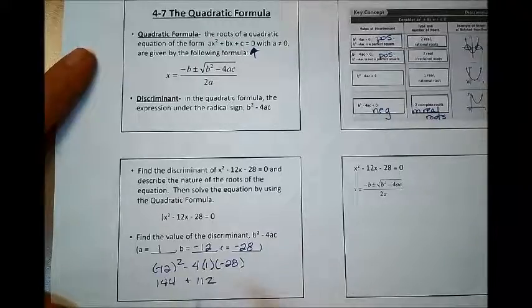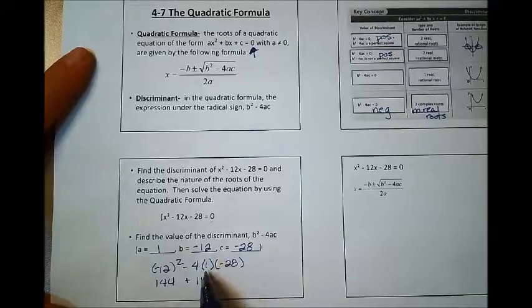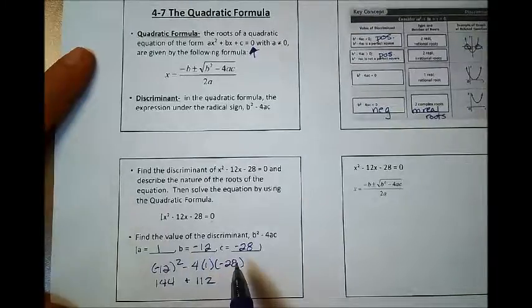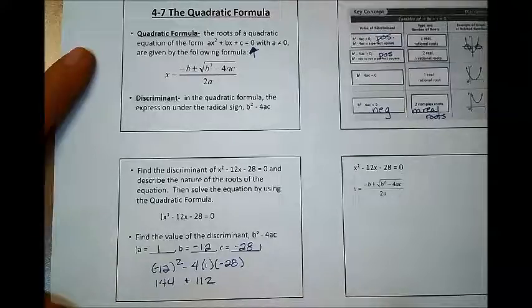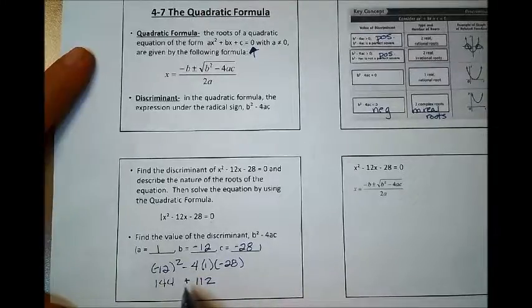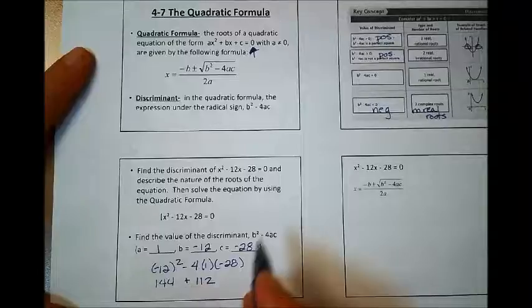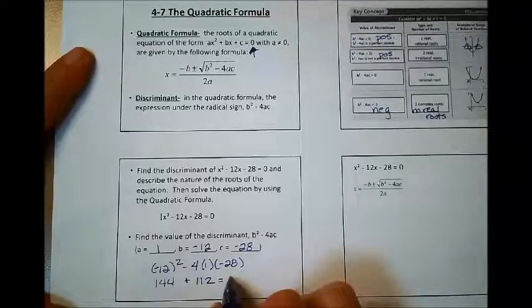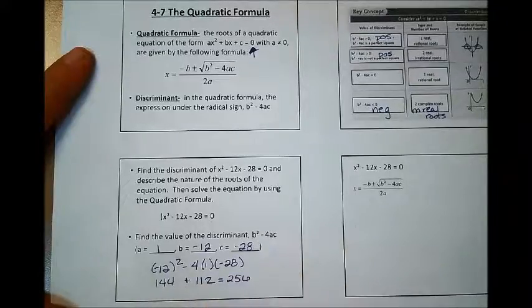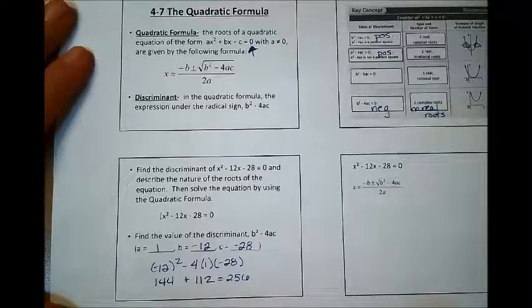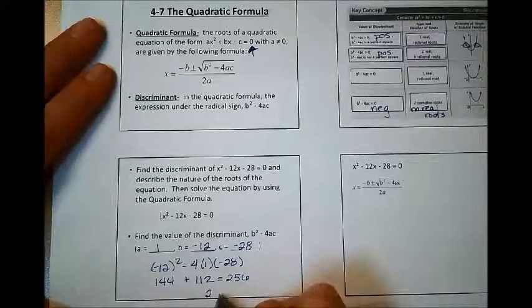You could also look at it as 4 times 1 times negative 28 is negative 112, and we're minusing that. I like to include that negative with the 4, so I always get this sign right. So 144 plus 112 equals 256. That is a positive number, so we have two real roots.